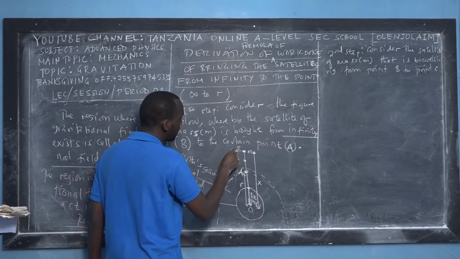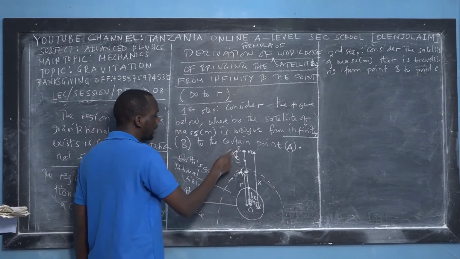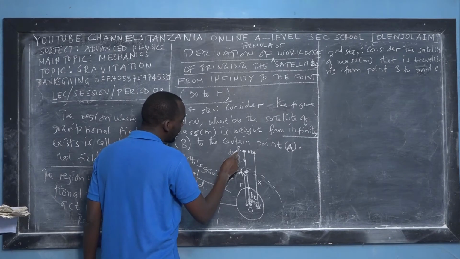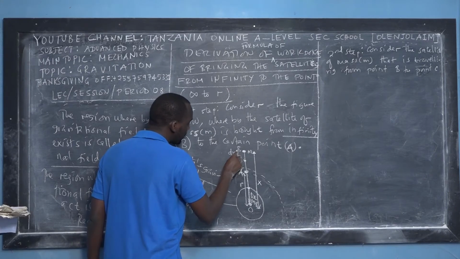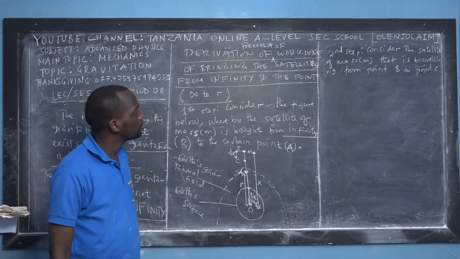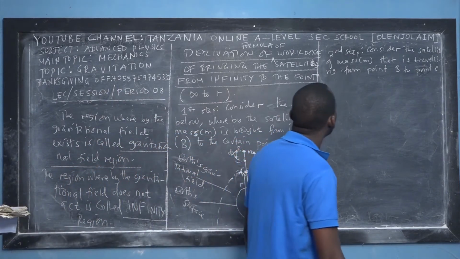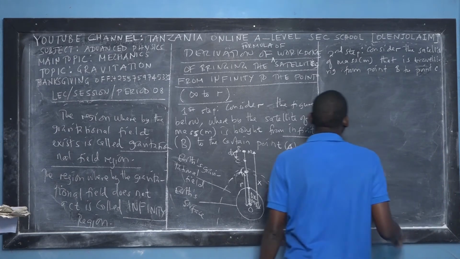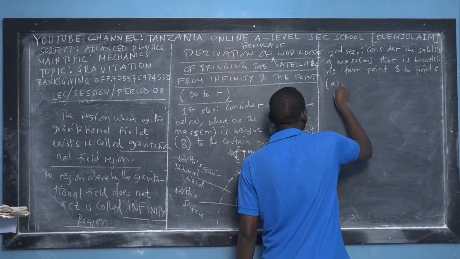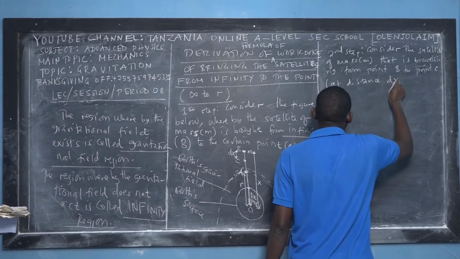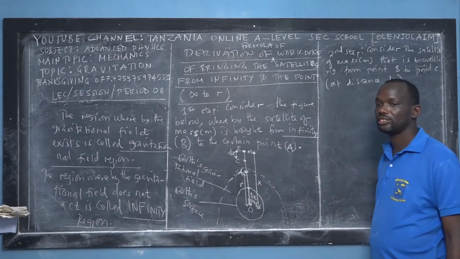We derive the formula for the small portion, then we apply the concept of integration to find the total work done required to move a satellite from point B to point A. So consider the satellite of mass M traveling from point B to point C, at a distance called dx, a small change in x.